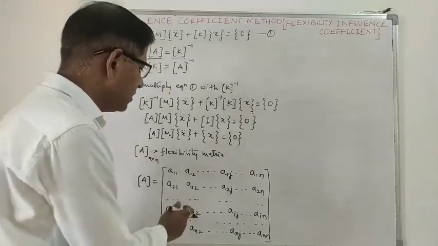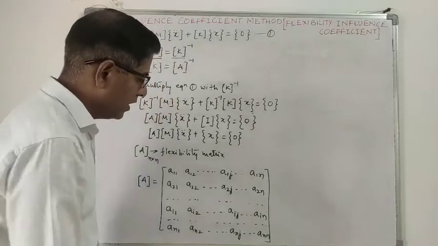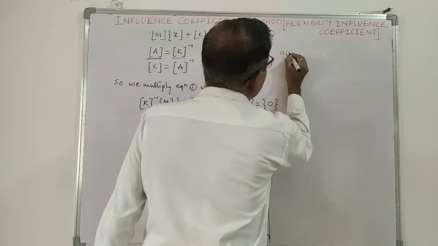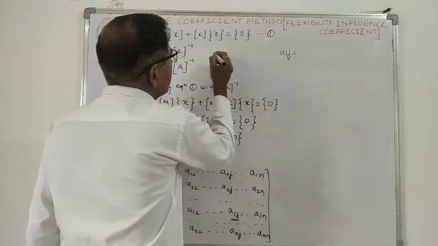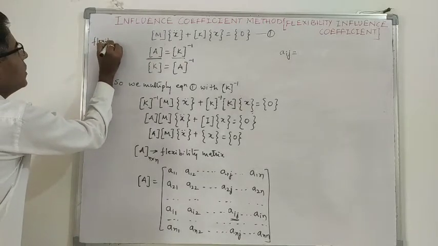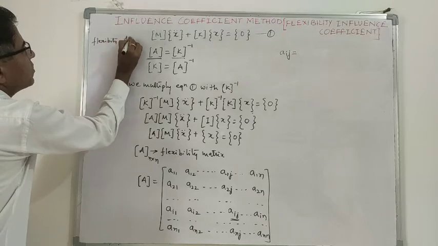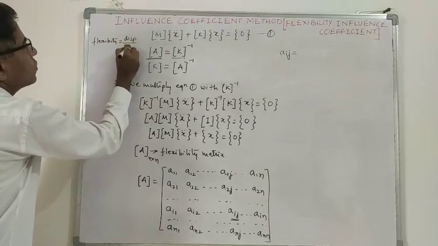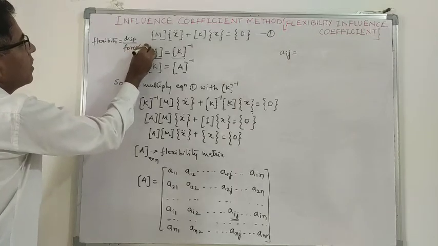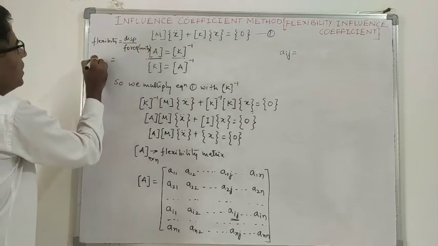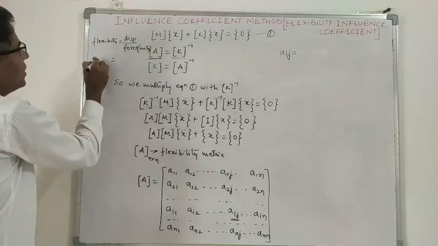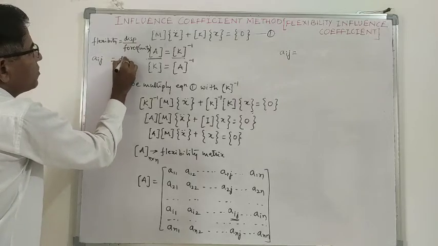Now what do you mean by this influence coefficient? Let us take an example of AIJ. We know that flexibility is displacement upon force. Now here we are considering force as unity. So flexibility coefficient AIJ will be displacement value.